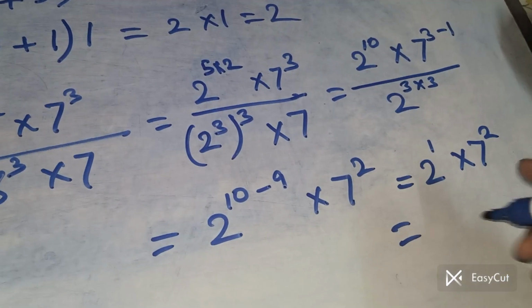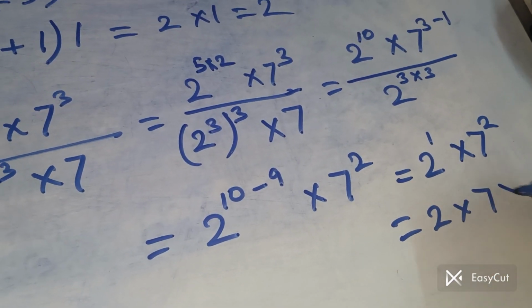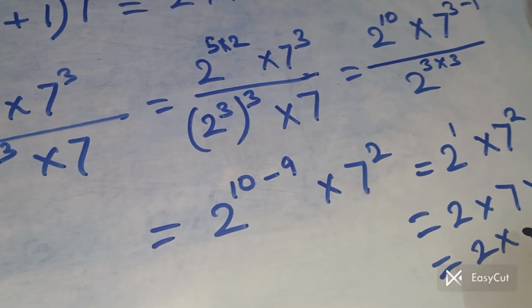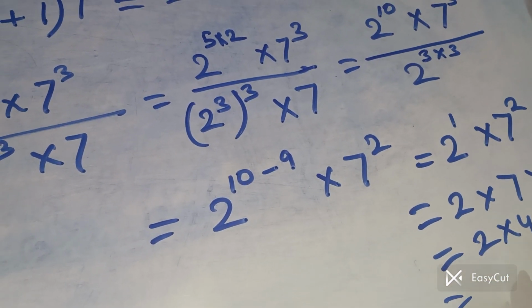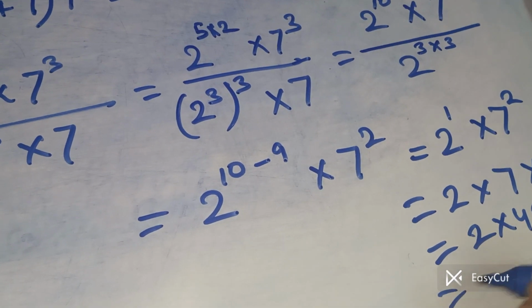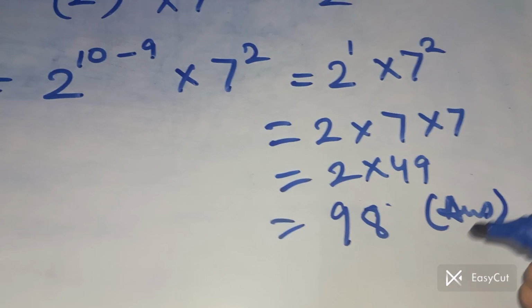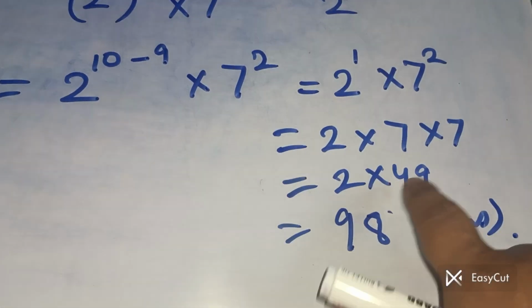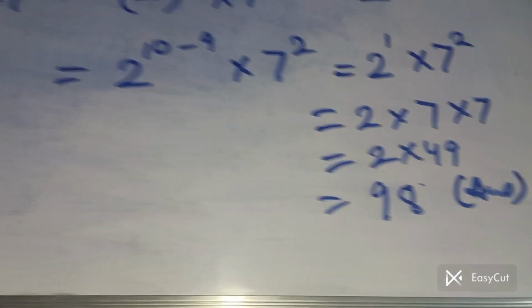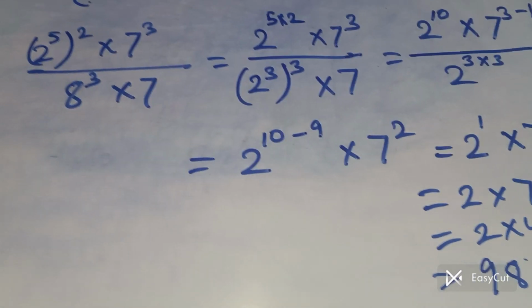So the answer comes as 2 into 7 into 7. Answer is 98. 9 2s are 18, 4 2s are 8, plus 1 is 9. 98. I hope it is clear.